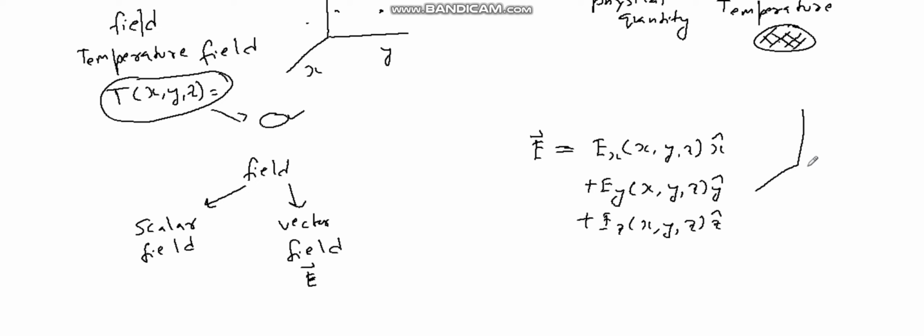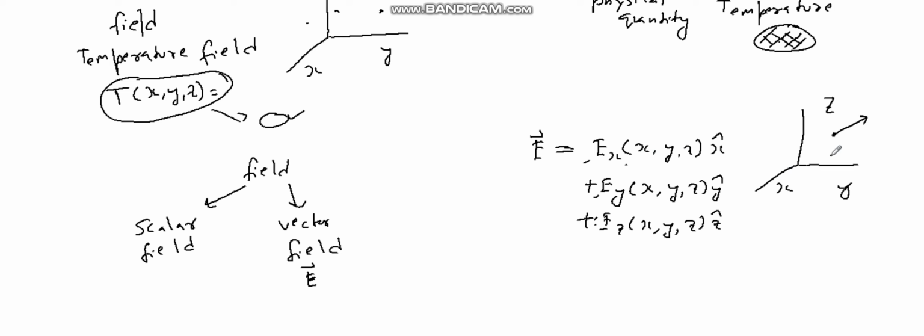So we have the coordinates x, y and z. Once we take a particular point in space with a particular coordinate x, y and z, and plug the values into these three functions, we get the electric field with all three components. At this point there will be an electric field represented by this arrow vector.